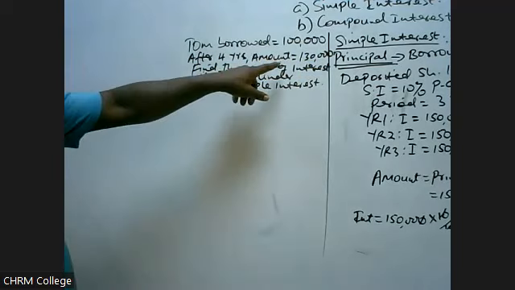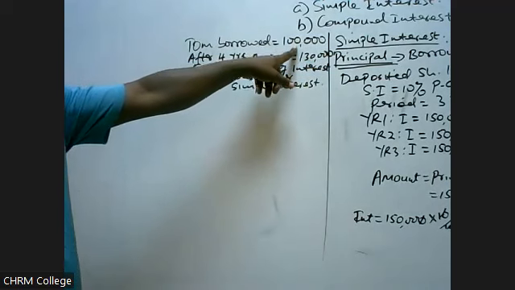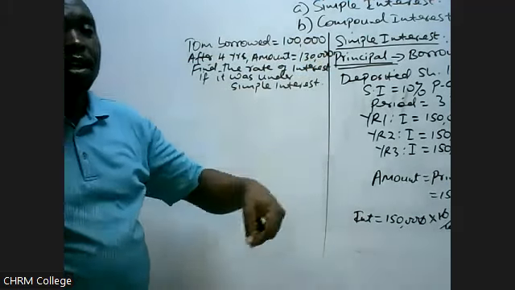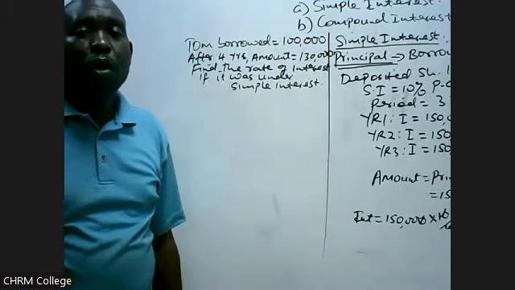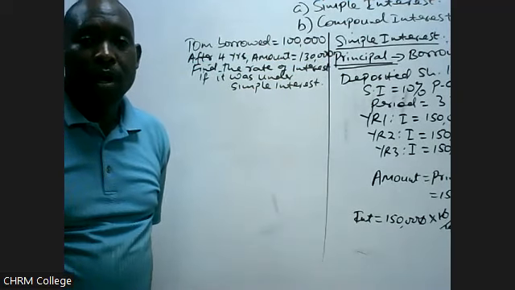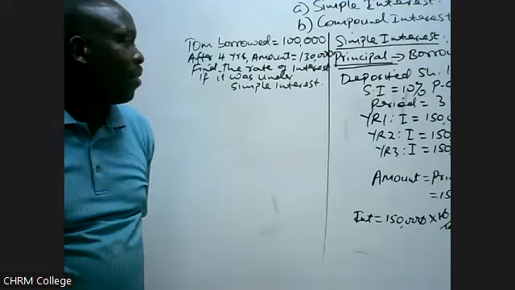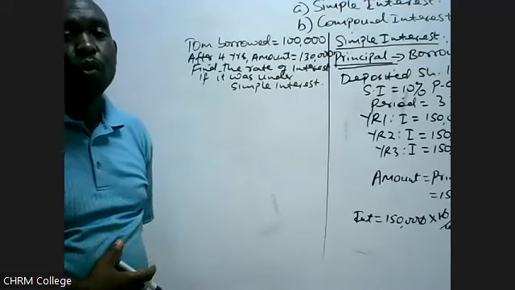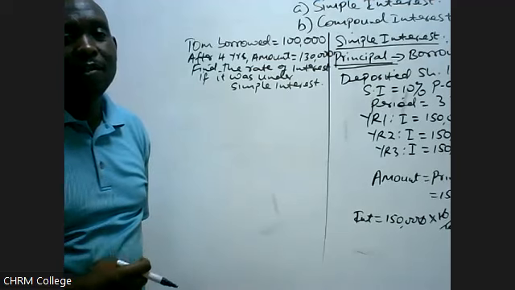Here we have got the amount. Remember, we are told Tom borrowed 100,000, but after 4 years, he repaid the loan with 130,000. And the bank from where he borrowed the loan charges a simple interest. But now we are told to find the percentage rate of simple interest.